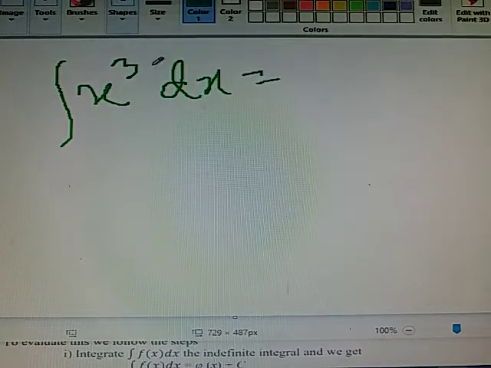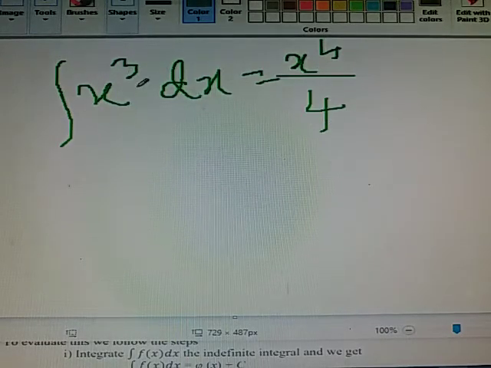So x cube is the derivative of what? It is the higher power, x to the power 4. The derivative of x to the power 4 is 4x cube. So you can divide by 4. So it is x to the power 4 divided by 4.